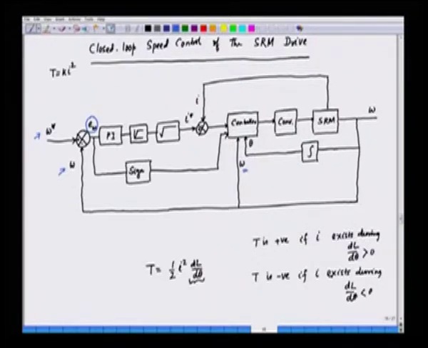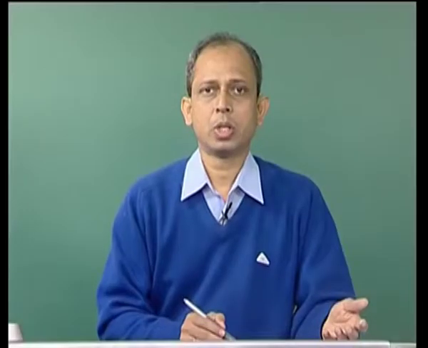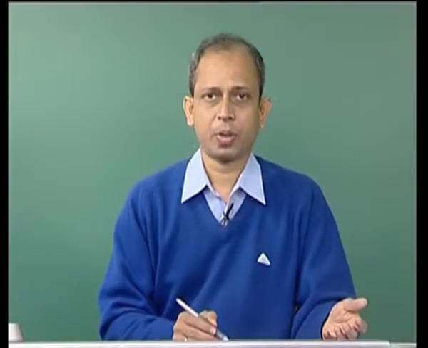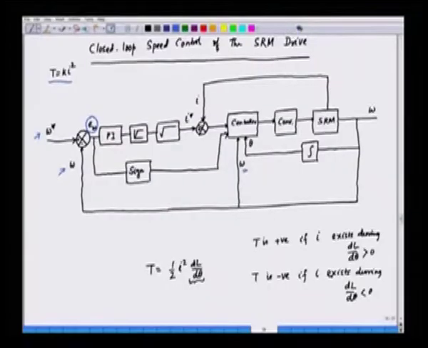And we know the torque is given by K into I square. So, if you want to find out the current, it should be the square root of torque. In other words, I is equal to the square root of T by K, where T is the torque, K is the constant.